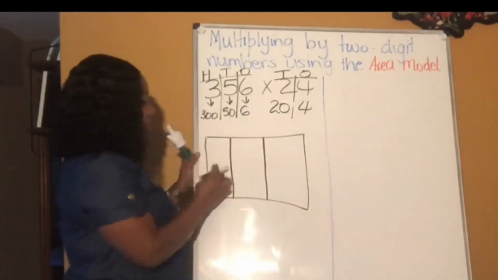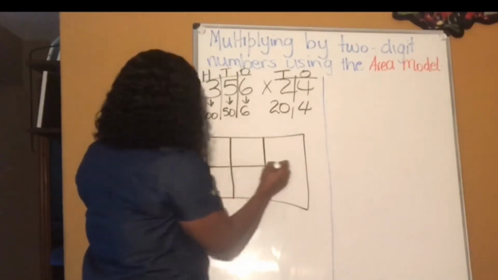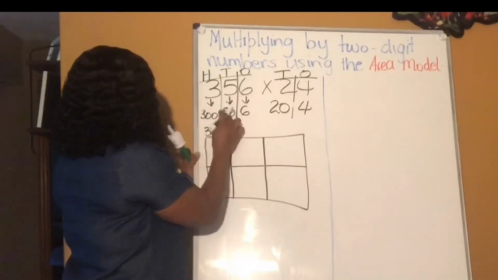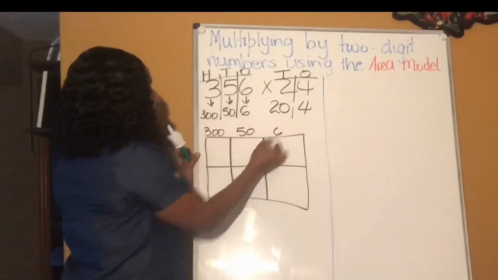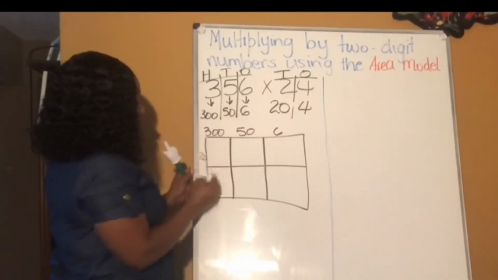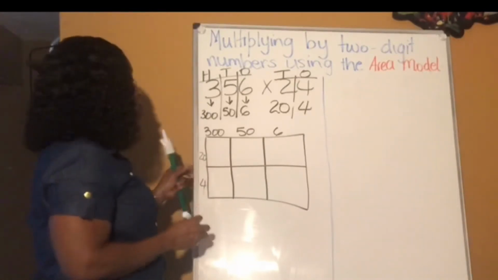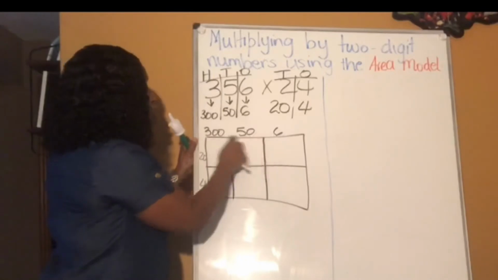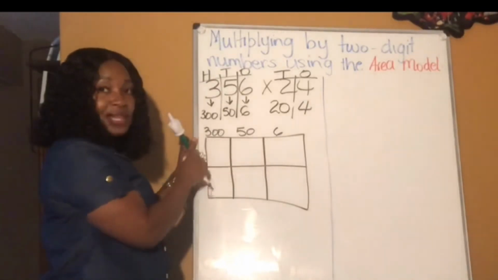Alright, so I'm splitting it down 3 ways and 2 ways across. So here, 356, then 24.